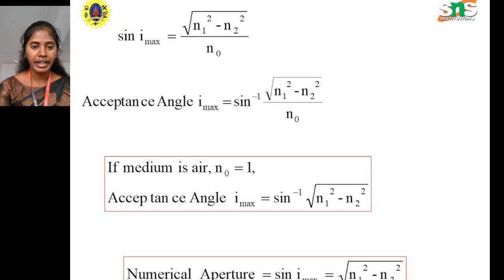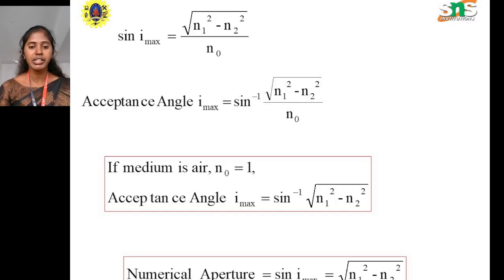So sin I maximum is equal to the square root of N1 square minus N2 square, by N0, where N0 is the refractive index of air. So the acceptance angle I max is equal to sine inverse of the square root of N1 square minus N2 square, by N0.